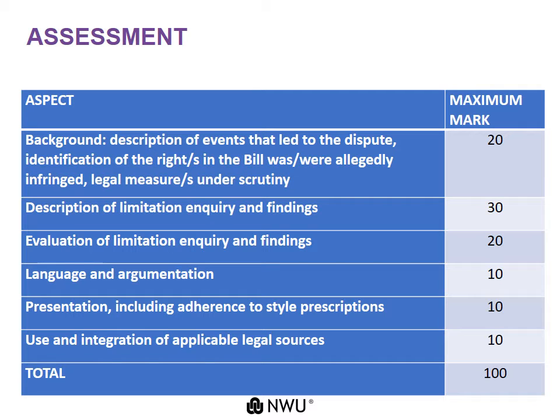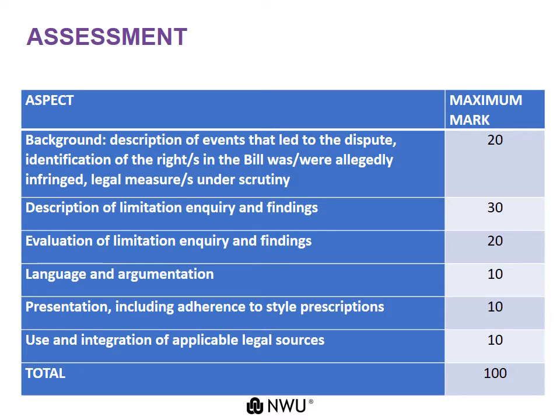And what you do is you evaluate. So you look to say what the court did correctly and what the court could have done better. And how do you get there? You need to go and read. You need to go and read a lot about the limitation inquiry so that you have other textbooks or articles or other cases to use to argue whether the court did this brilliantly or whether the court could have done it better.